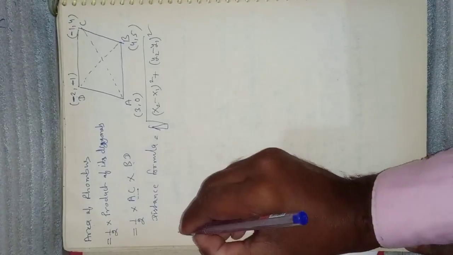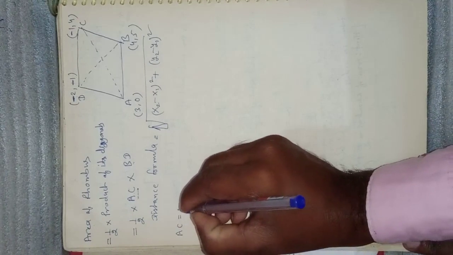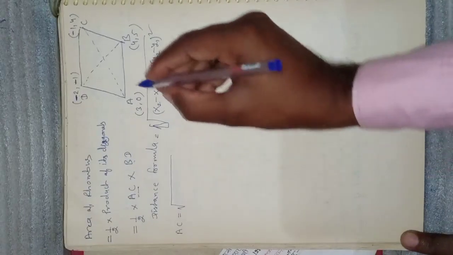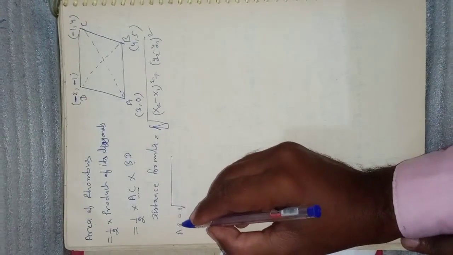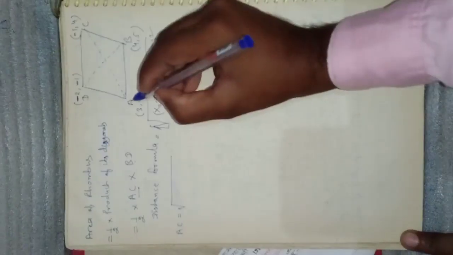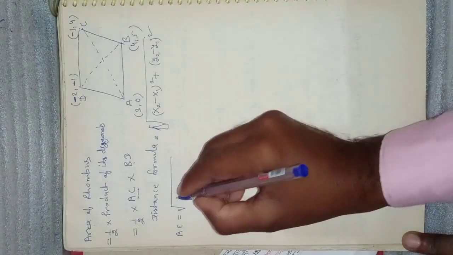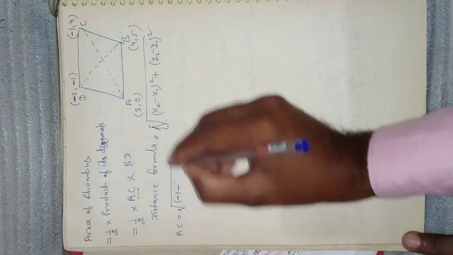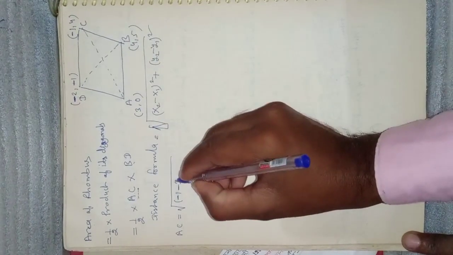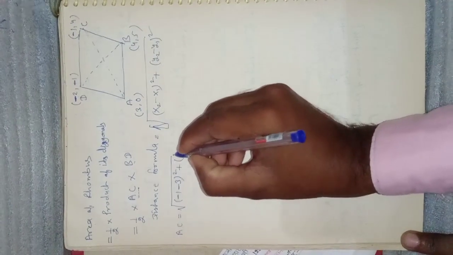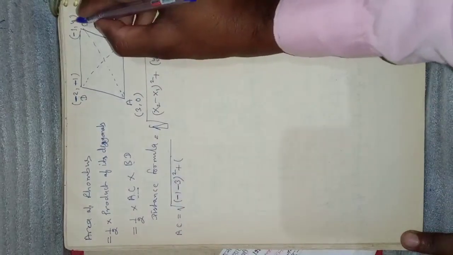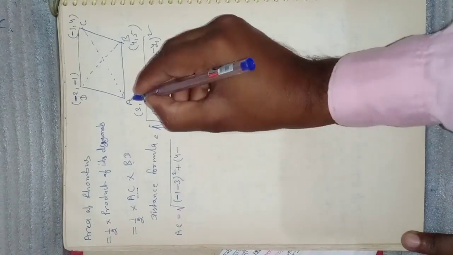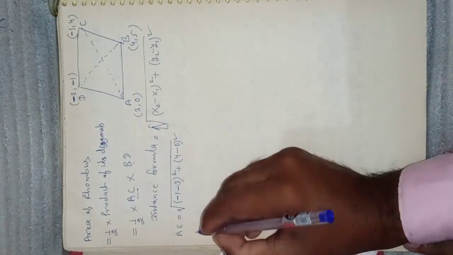First, the distance AC is root of (C minus A): minus 1 minus A value 3, whole square, plus C value 4 minus A value 0, whole square.